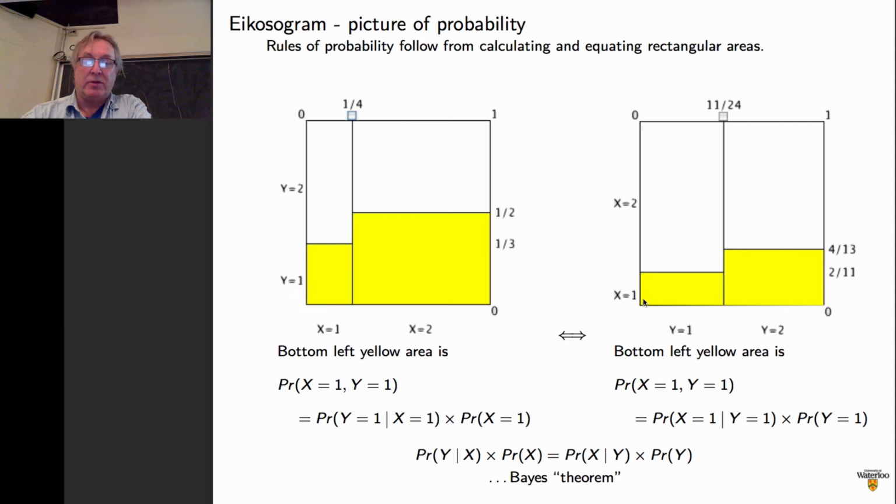That better be the width of this whole thing because it has height 1. It's that simple. And if you look at that and write that out symbolically, those are all the rules of probability that seemed esoteric maybe when you first encountered them, but they're trivial. Okay? So that's Bayes' theorem. Any questions?